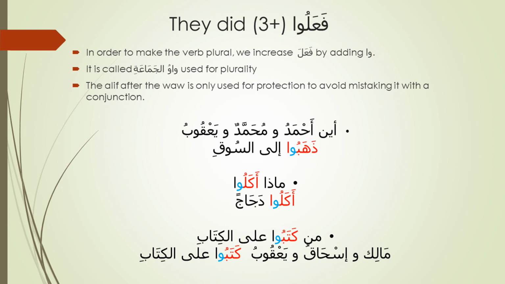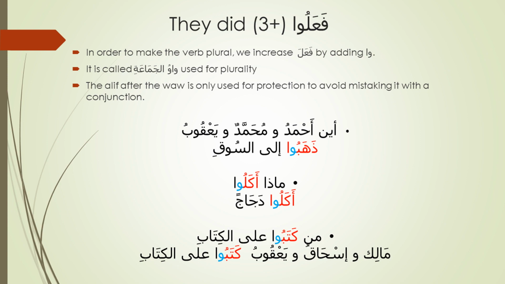So now if I was to say, take the same verb, ماذا أكلوا? What did they eat? On the scale, فعلوا. Now, on the scale, فعلوا. فعل plus the waw and alif.